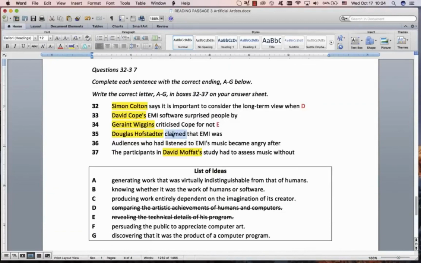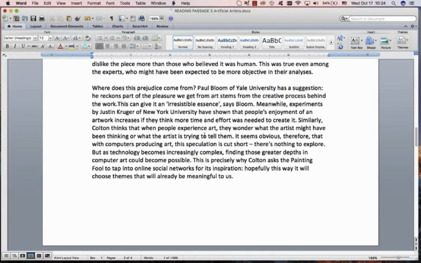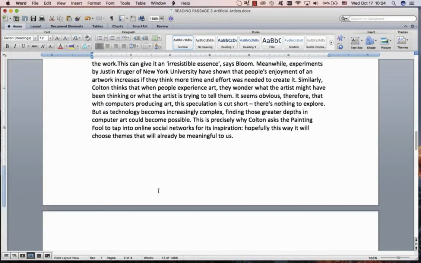He claimed that EMI was, what did he say about EMI? Said that it created replicas which rely completely on the original artist's creativity. Again, this program created replicas which rely completely on the original artist's creativity.